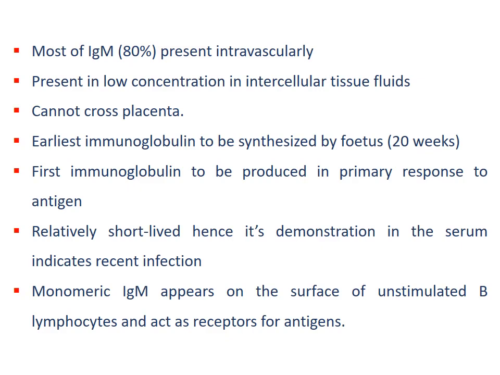What is the primary response? Primary response means when we first encounter a pathogen or antigen, the antibody produced in the first response is called the primary response. So IgM is the primary antibody of the primary response, whereas IgG is the antibody of the secondary response.